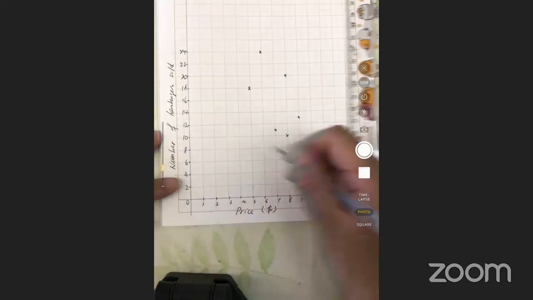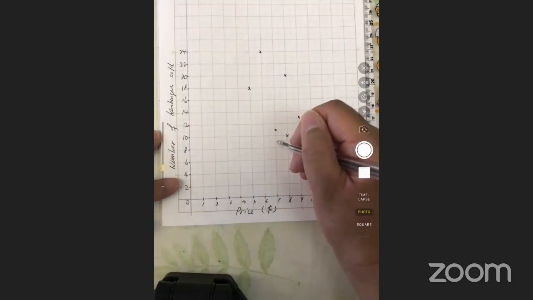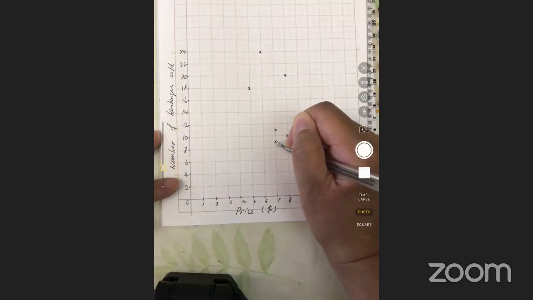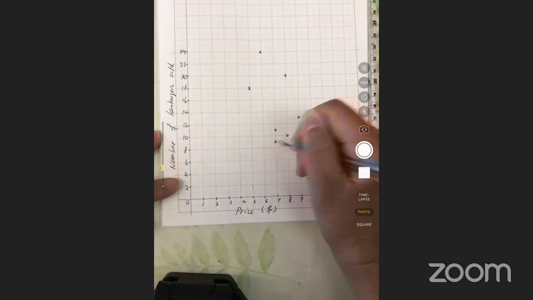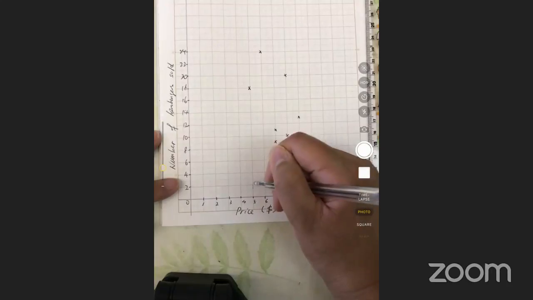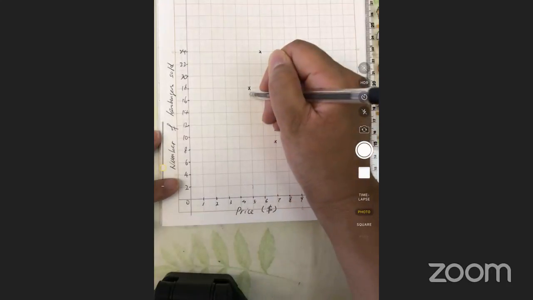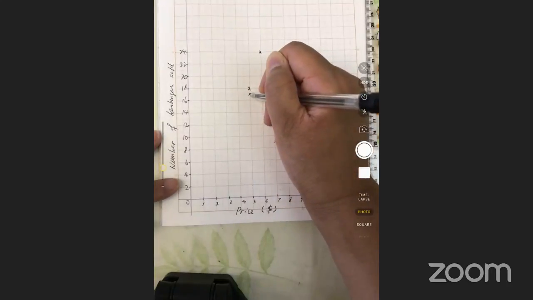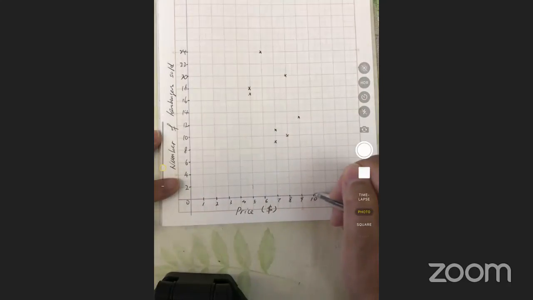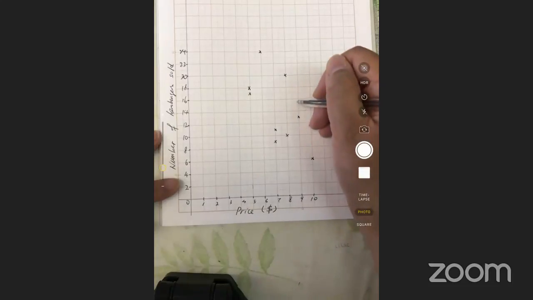And then $7 again, this time only 9. And then the other one $5 and then 17, right? Here. And then $10, and then I have 6, and then $9, 15.